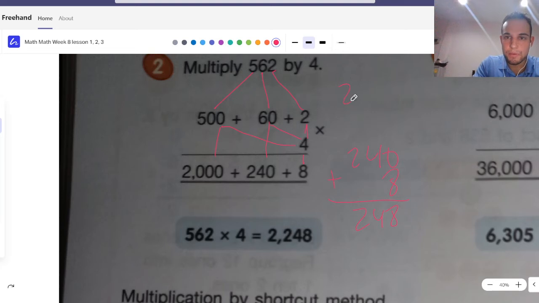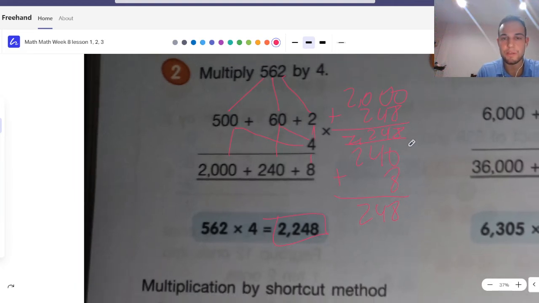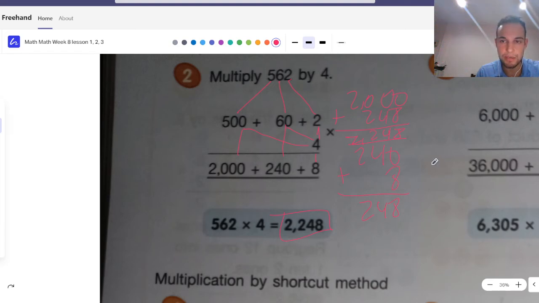We have 2,000 plus 248. 8, 4, 2, 2. We have 2,248. So we didn't have to do any regrouping there. Really? Well, I guess we did, because the expanded version is very easy to look at regrouping.